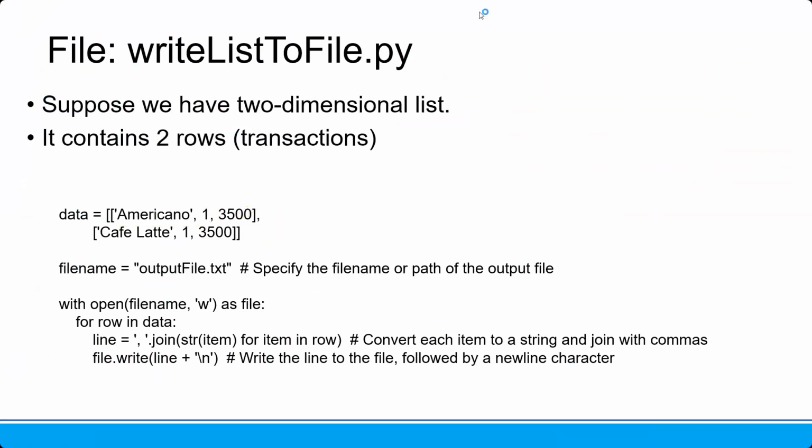The second data, I have another name, cafe latte, and then I have a quantity 1, and then I have the price 3,500. And using this data, I would like to save this data into a text file. So how can we save it?